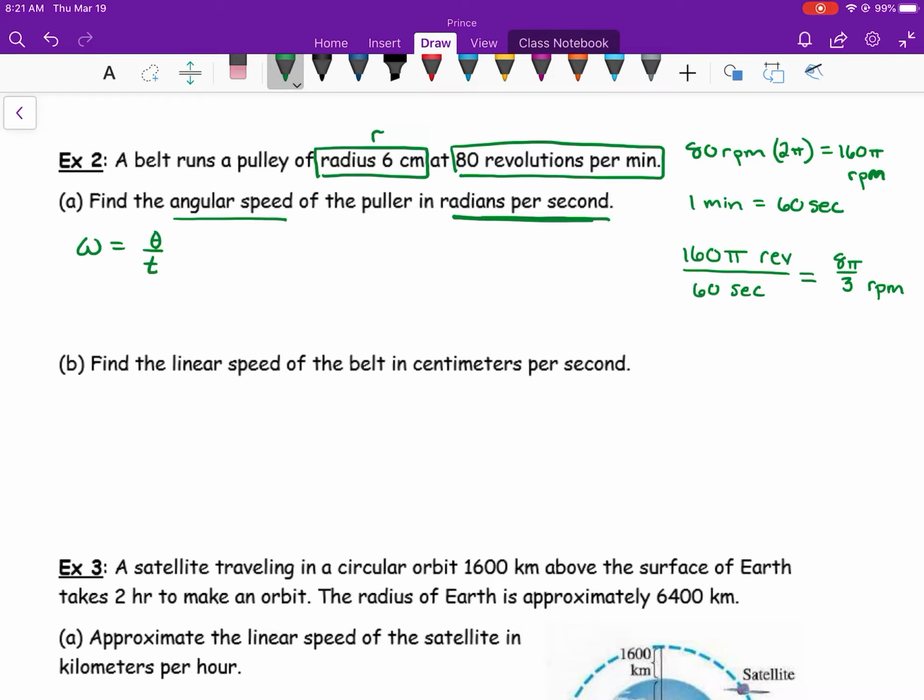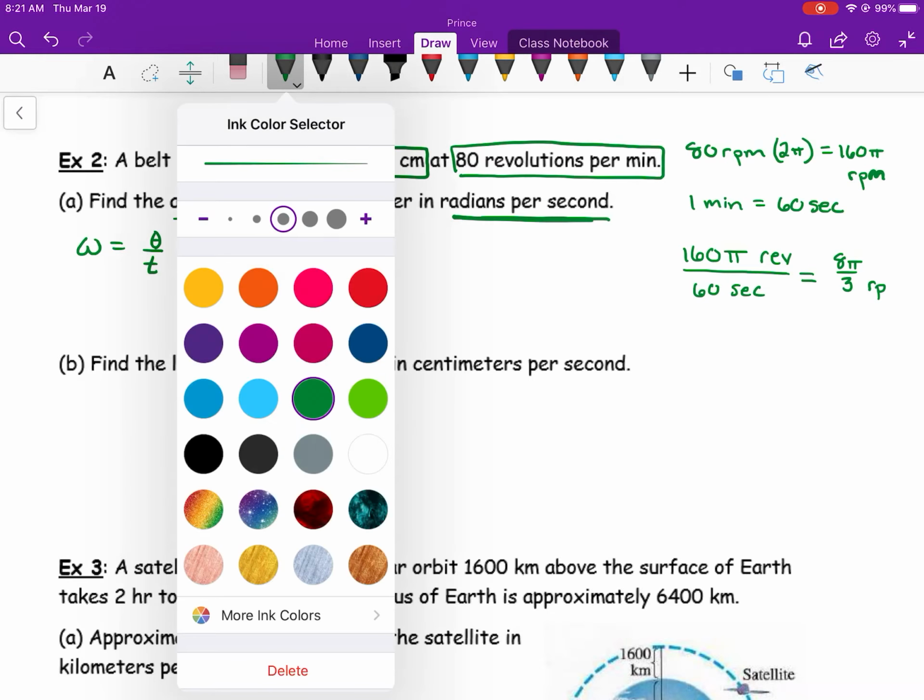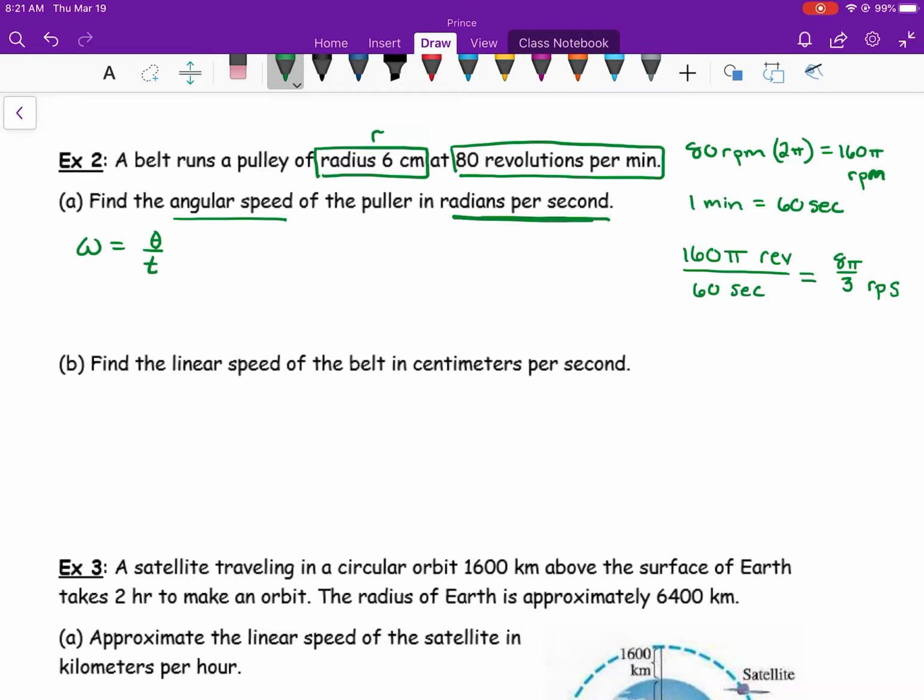Actually, not per minute, we want per second. Sorry. That's ugly. So it's roughly 4 revolutions per second. I actually didn't need the formula at all, just kind of using what was given to us.